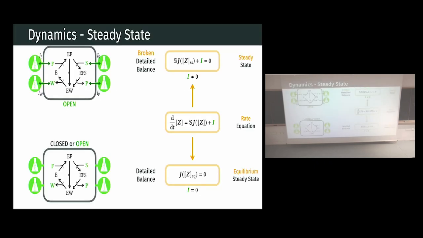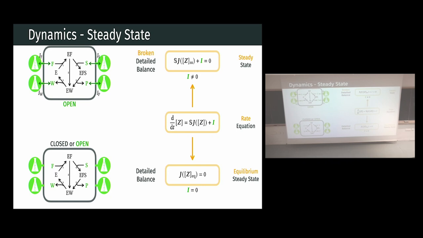So we have these two kinds of steady states, and just to be sure, because I forgot to say that before, when the system is detail balanced, all reactions are balanced, so all currents are equal to 0. Which means if you look at that expression, all currents are equal to 0, the first term is 0, so also the exchange current must be 0.